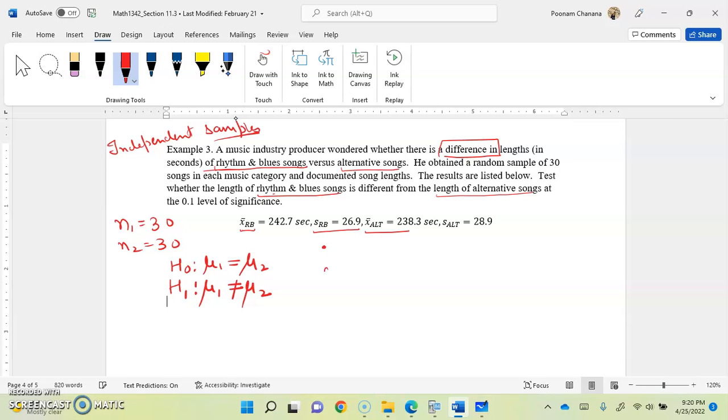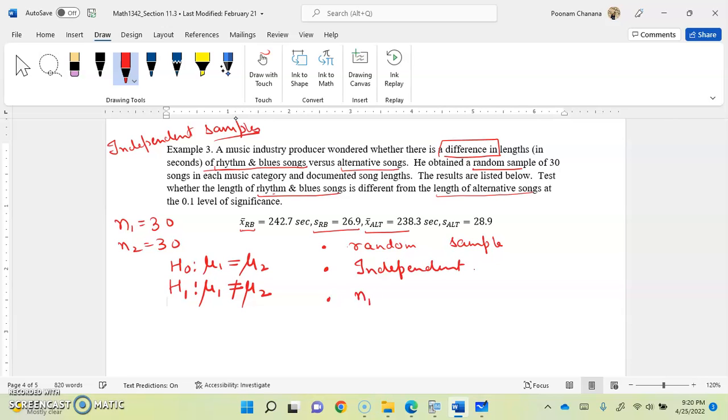So let's check all the requirements. The first requirement is a random sample. They said it is a random sample, so we are good. The second condition is that the samples are independent. They are independent because there is no connection between the two samples.